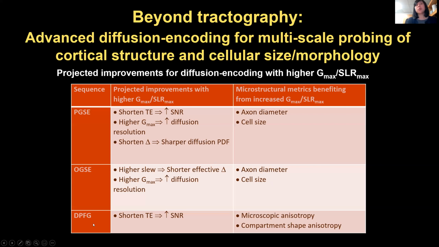And then finally, we are actively performing experiments using double pulsed field gradient and multiple pulsed field gradient experiments, incorporating at least two diffusion encoding periods to get at measures such as microscopic anisotropy and compartment shape anisotropy of the cortex.